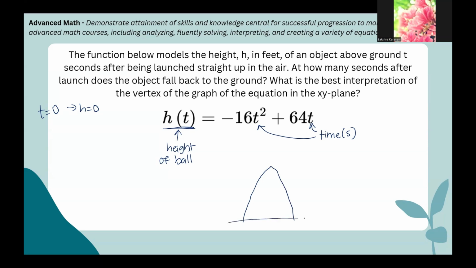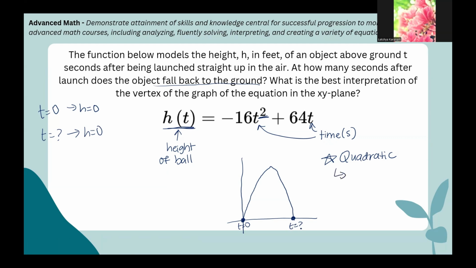So it's a parabola, which means this is a quadratic. Okay. So if it's a quadratic and we're asked to find when it falls back to the ground, we're trying to find the other time at which h is 0. So we know that this is time equals 0. We want to find what this time is. So what is this problem?